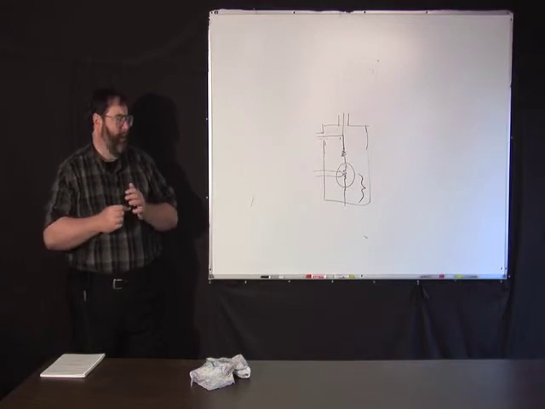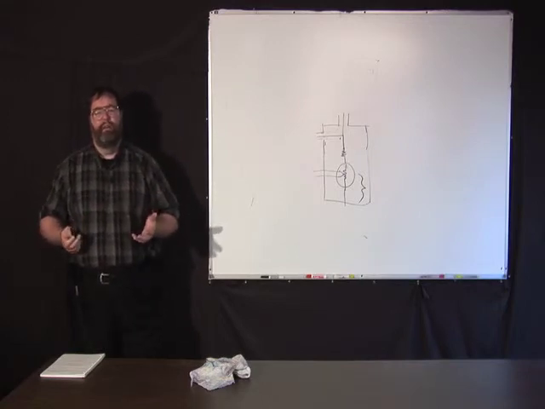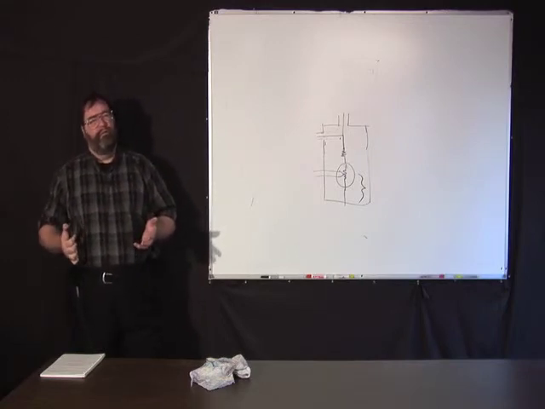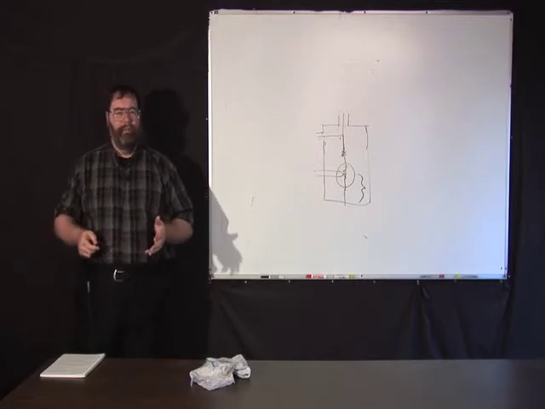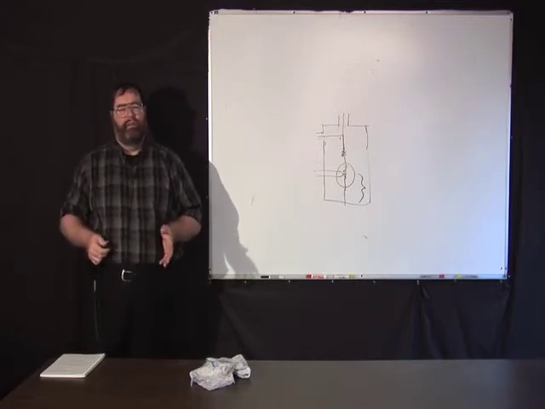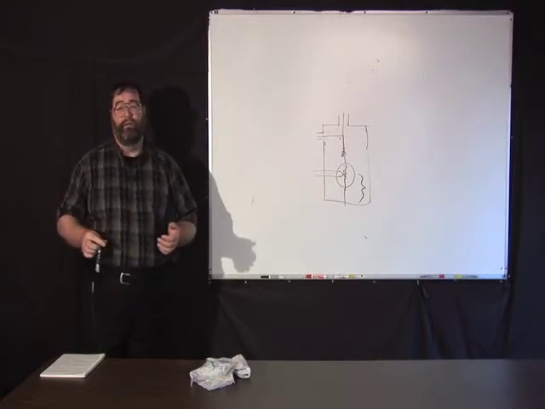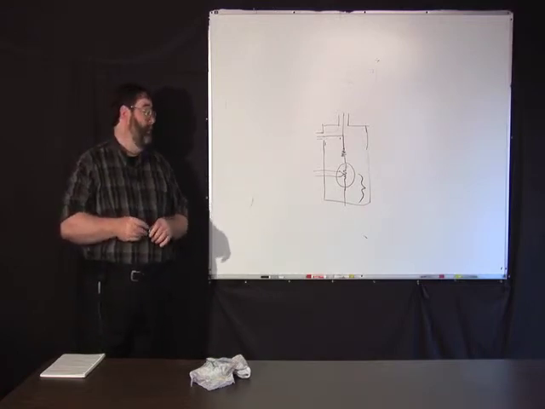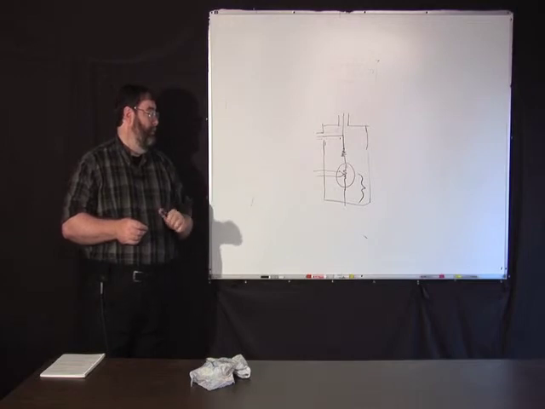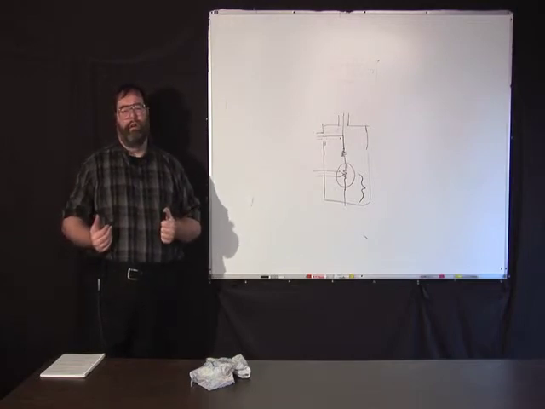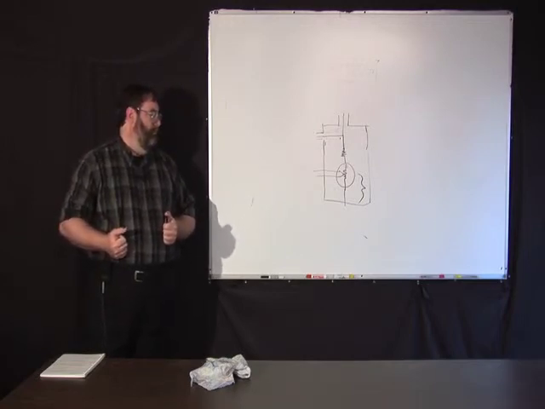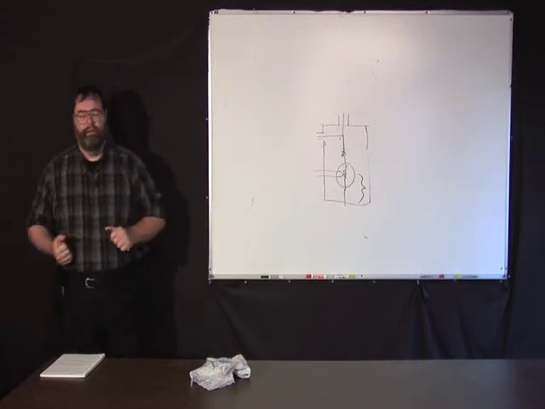Many of the RF types can go up to maybe a gigahertz. Some of them claim that they can go to 2 gigahertz. The highest I've ever heard of someone even attempting was 4 gigahertz, and I don't know how good that would be. So you're really pretty much limited to 1 gigahertz and below for this type of standard.